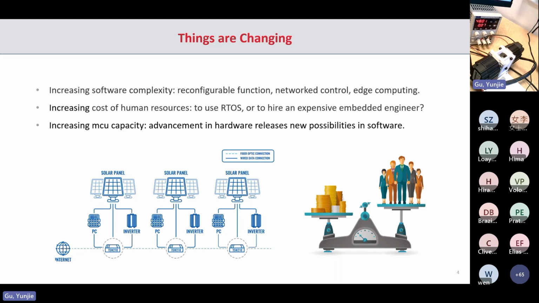So the things that used to be considered expensive are no longer expensive, so people can tolerate using a better MCU without too much cost. And because of these reasons, people are thinking, can we just use a better software development tool chain instead of bare metal for electronic control?